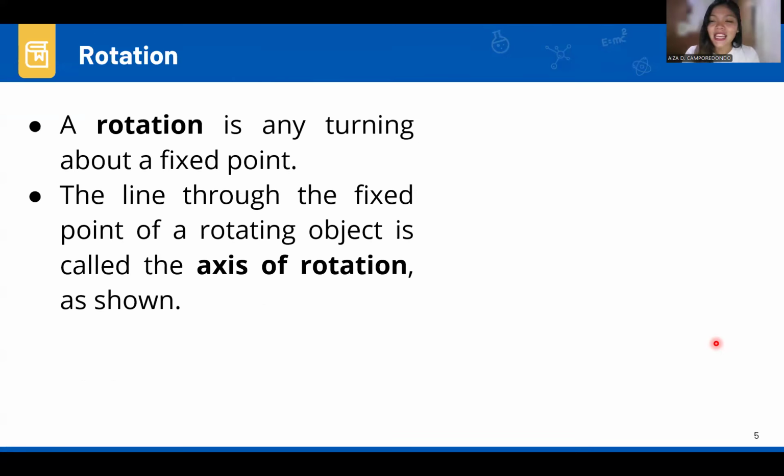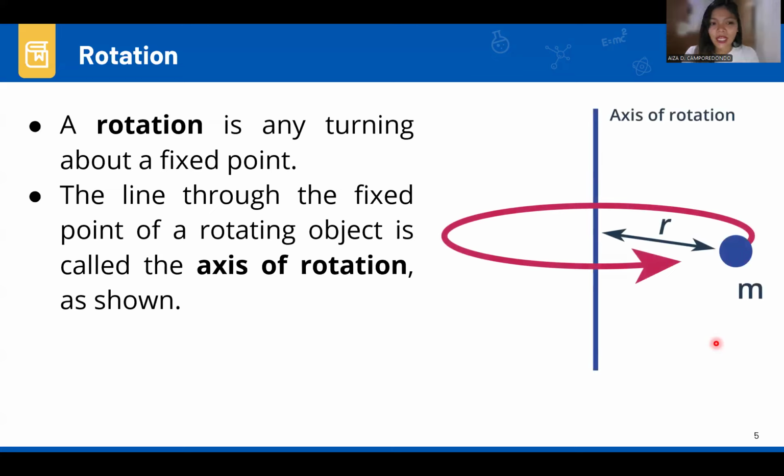A rotation is any turning about a fixed point. The line through the fixed point of a rotating object is what we call the axis of rotation. So if this object is being rotated, you will notice that the axis of rotation is actually at the center of the object's orbit, where it is rotating.